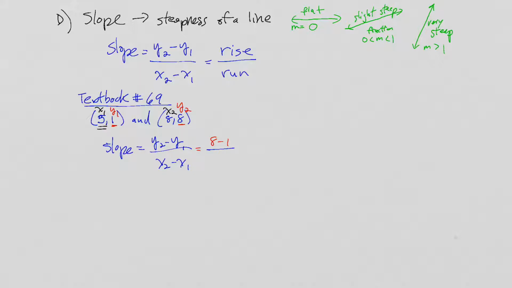Okay, so those two we're going to subtract. 8 minus 5, and we have 7 over 3. So as you can see, we are rising more than we are running. So that's greater than 1. That's an improper fraction, so that's going to be very steep. Okay.